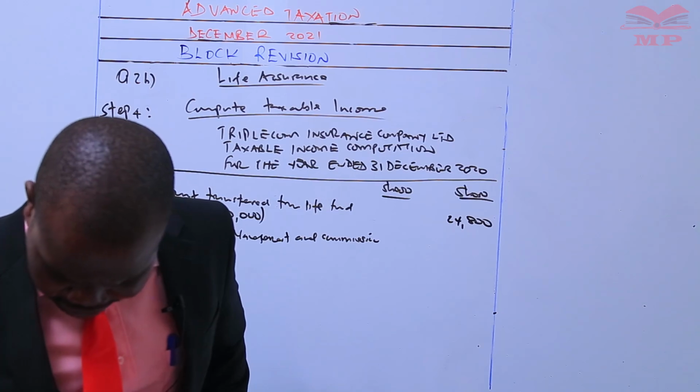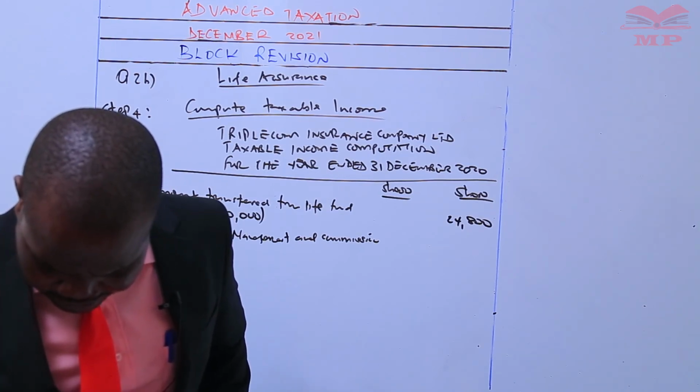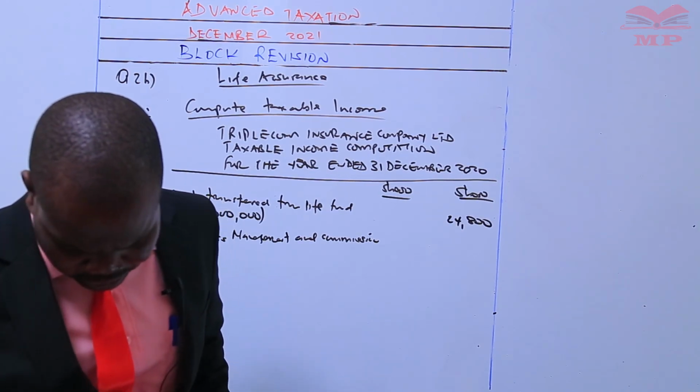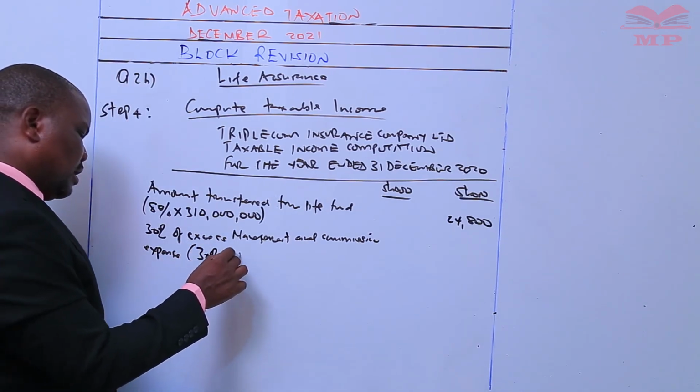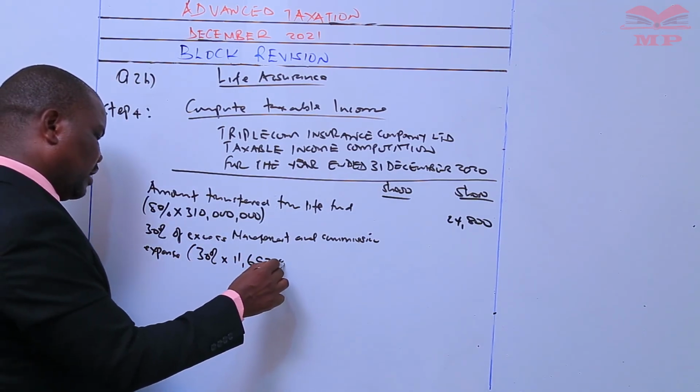If you are keen, we got it to be 11,692.5 thousand. So we do 30% of 11,692,500.